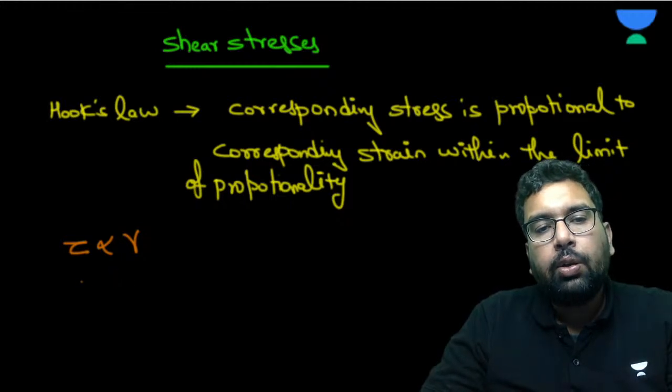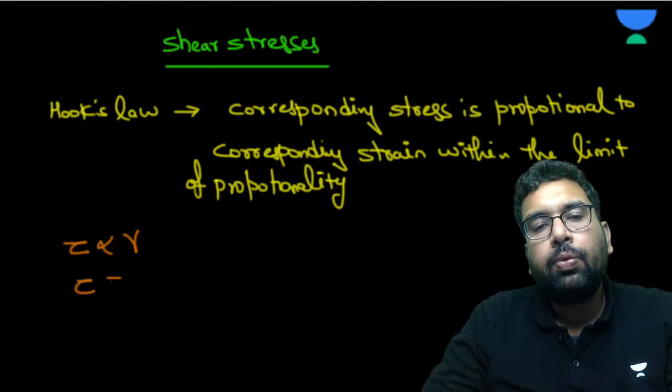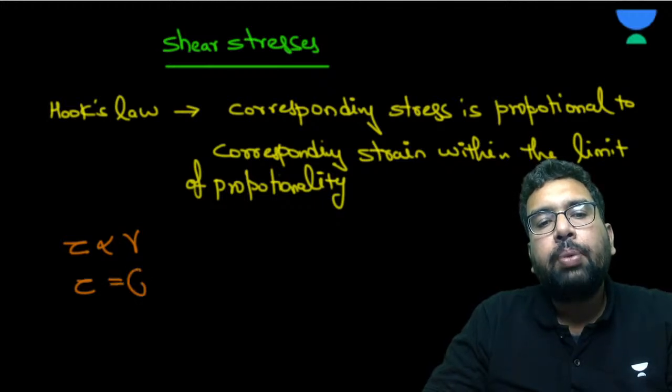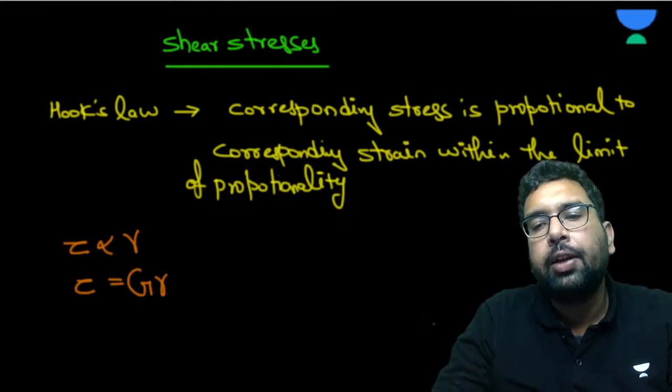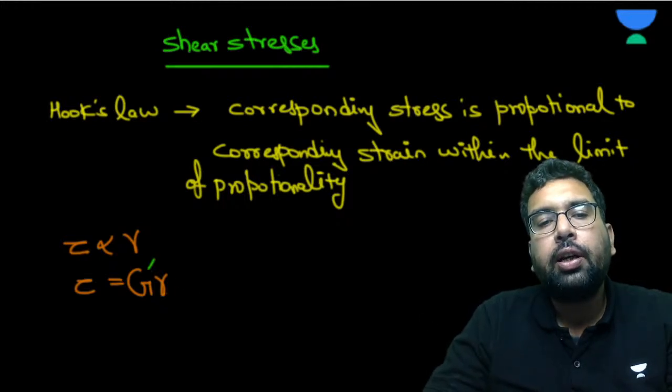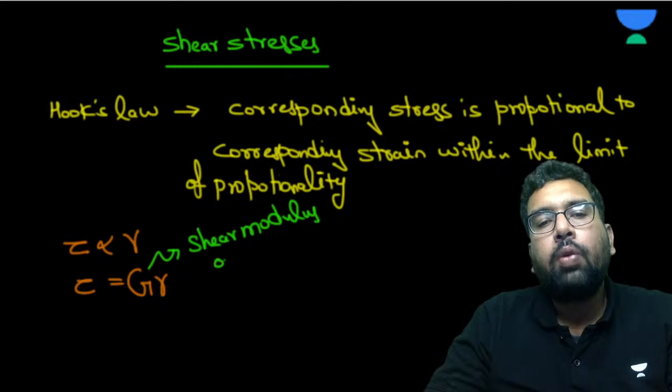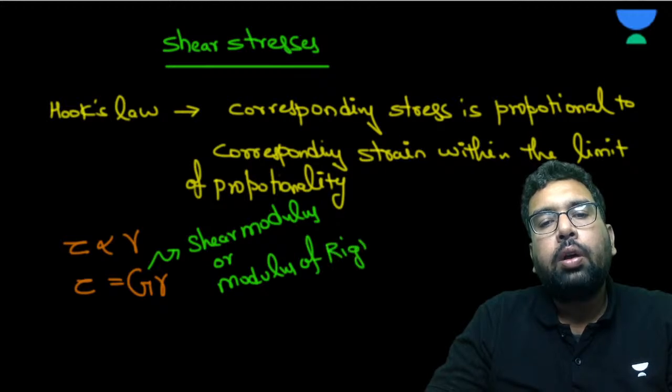When we let go of the sign of proportionality, there will be some proportionality constant. We call it G. And what is G? G is your shear modulus, or we call it the modulus of rigidity.